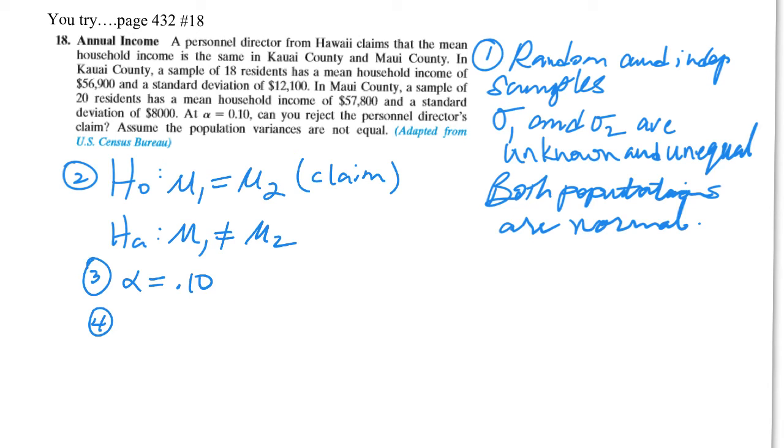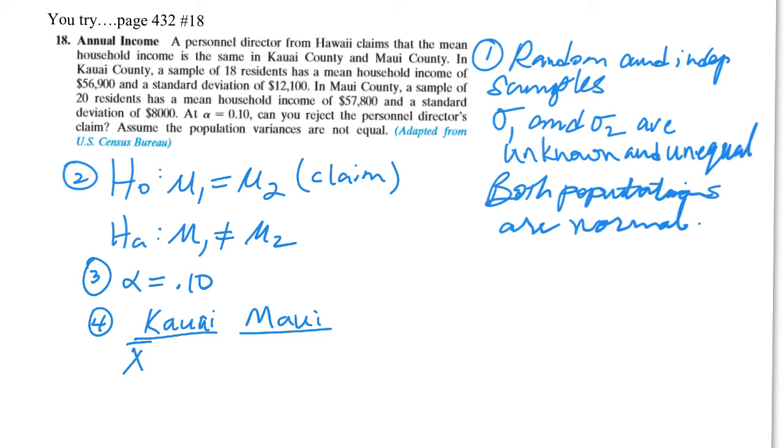Now step 4, they didn't make us a table of summary stats, so let's make our own. So since they mentioned Kauai first and Maui second, how do you spell these? M-A-U-I. There we go.